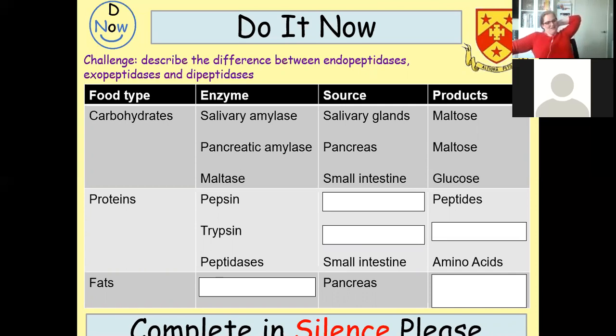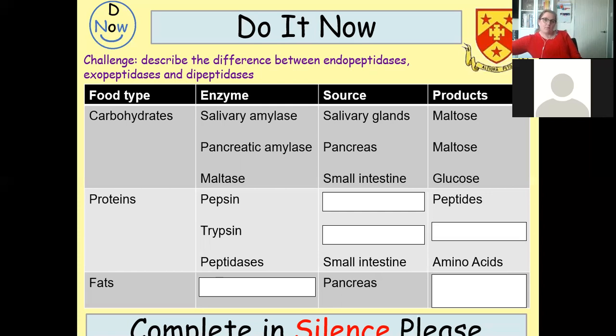Proteins, we have three examples of enzymes here: pepsin, trypsin, and peptidases. Now, all those exopeptidases, endopeptidases, and dipeptidases come under the peptidases bracket.